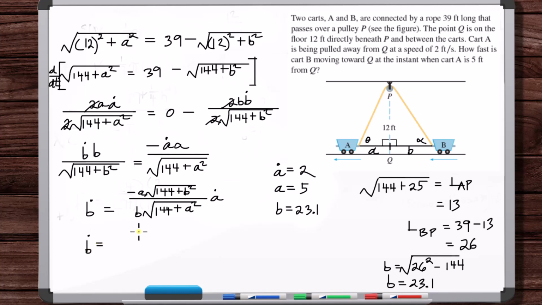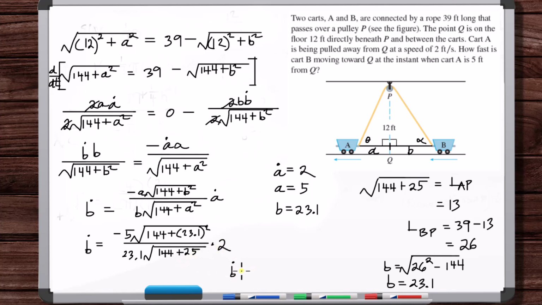So b dot is equal to, we got minus 5 times 144 plus a squared and then times 2.